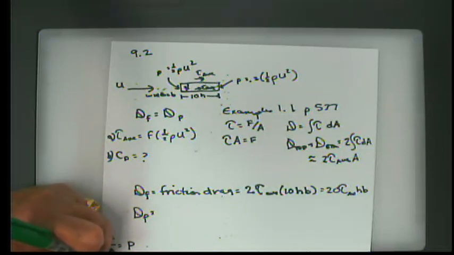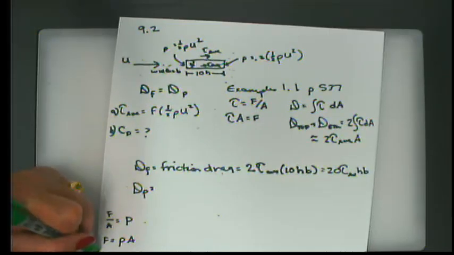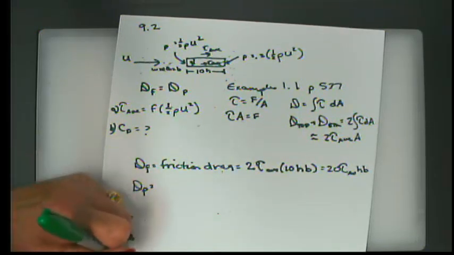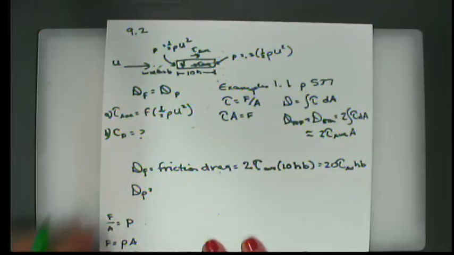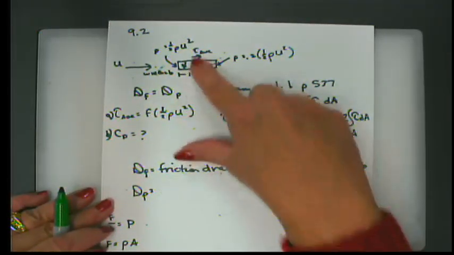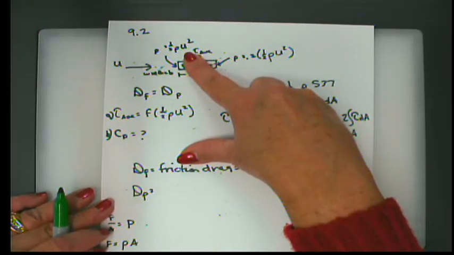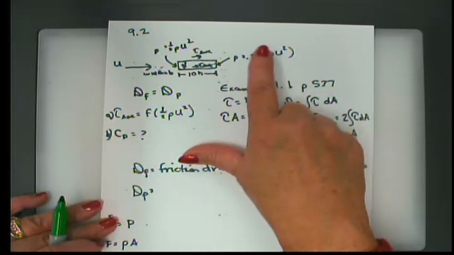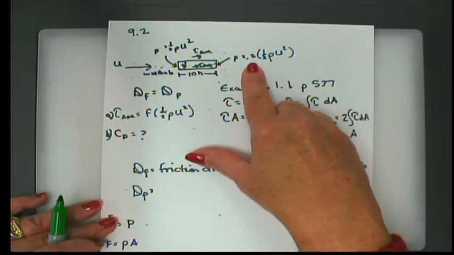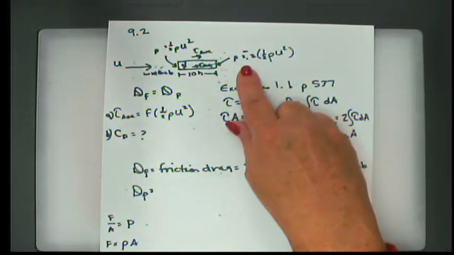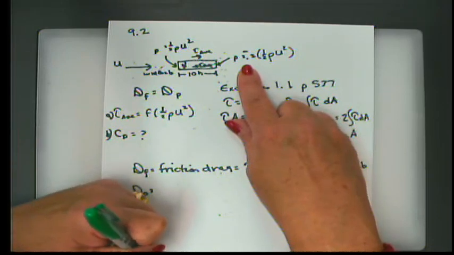So the force is equal to pressure times area, and the drag force due to pressure would be equal to whatever that value of the pressure is times the area. We want this as a function of dynamic pressure. So if we take the leading edge pressure times the area, subtract the trailing edge pressure times the area, then we should have an expression for the difference in the pressure from one edge to the other.